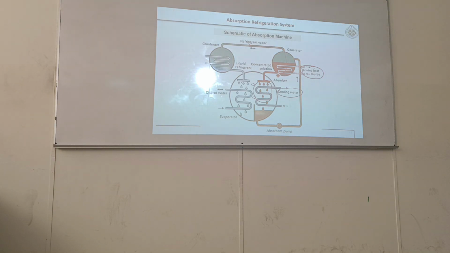The concentrated solution flows back to the absorber. This refrigerant is condensed and then supplied. Here you have an expansion valve; expansion valves are not shown here clearly. That's how this process occurs continuously. The same two-vessel process has become a continuous process using this mechanism.